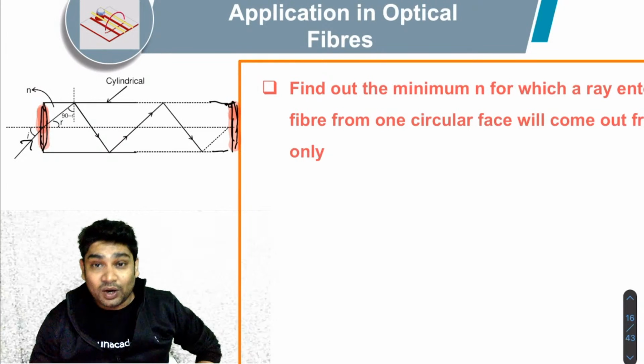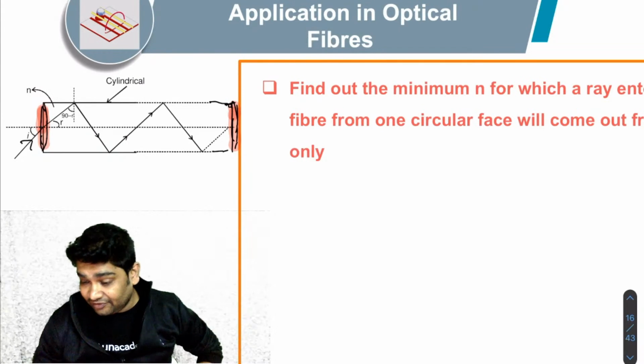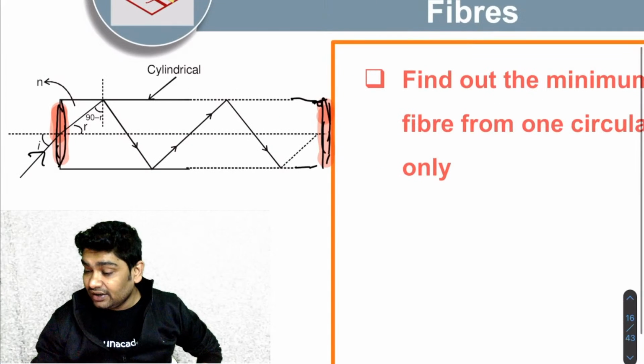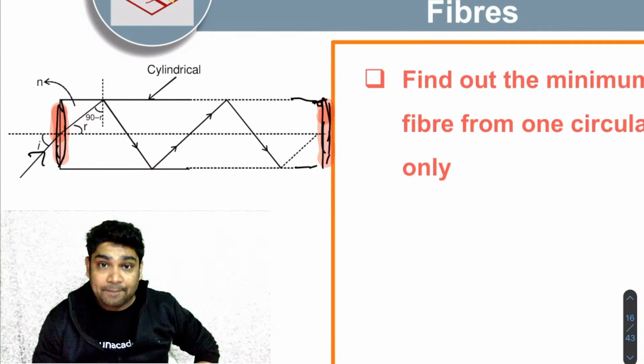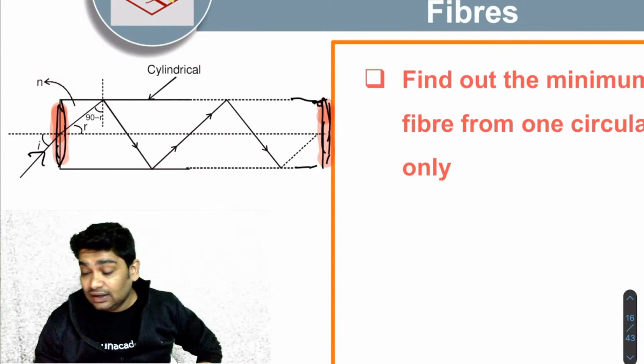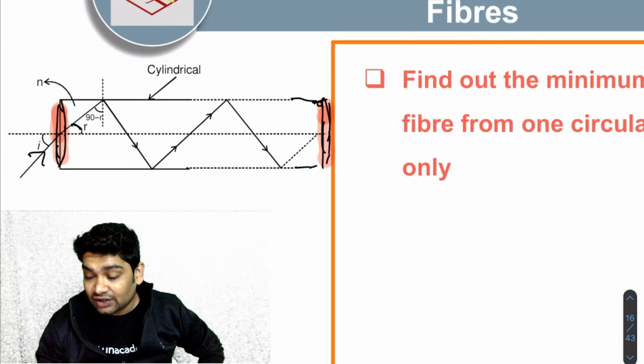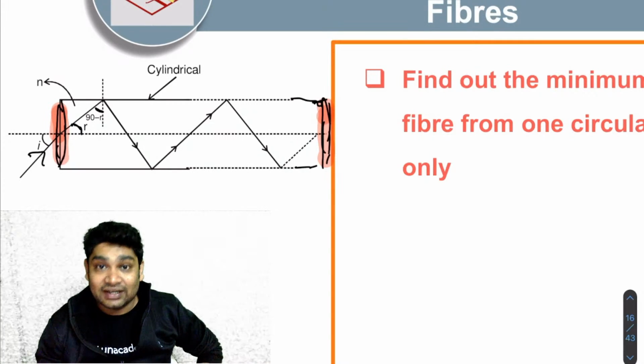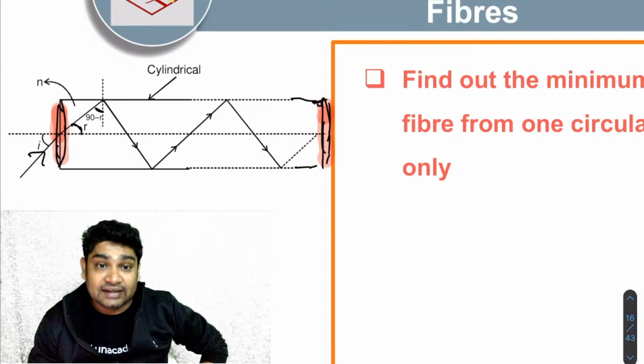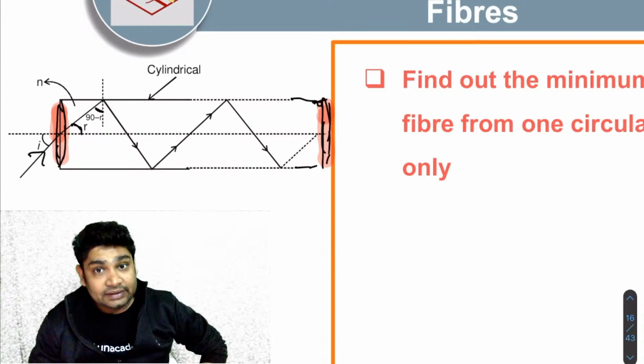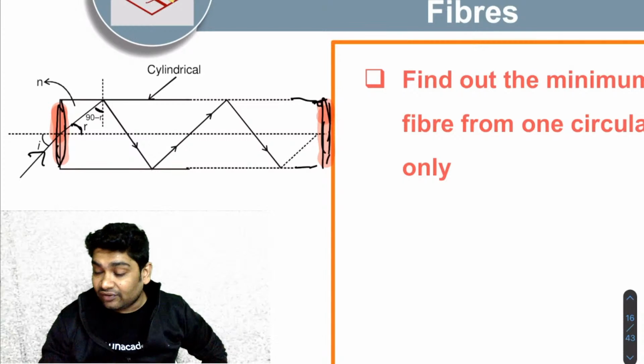Okay. So what you want to do is, if you realize here, if the angle of incidence is I, then the angle of refraction is R, then here the angle of incidence would be 90 minus R. So if this 90 minus R is greater than your critical angle, then this will get reflected.